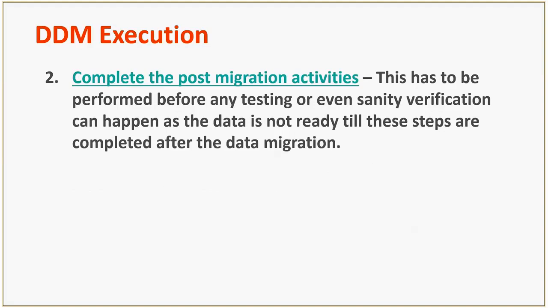Once you complete your DDM runs and successfully migrate all your data, you need to go and complete the post migration activities. These are very important because there are scripts you should run, which the upgrade would have run during the post upgrade to do data transformation activities like massaging data, looping through change records to fix some approval rules, and so on.